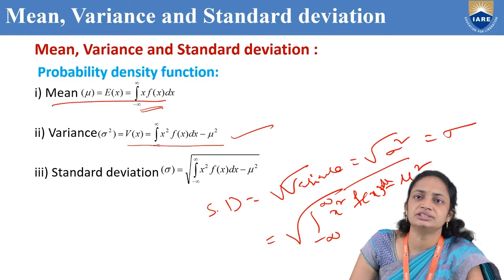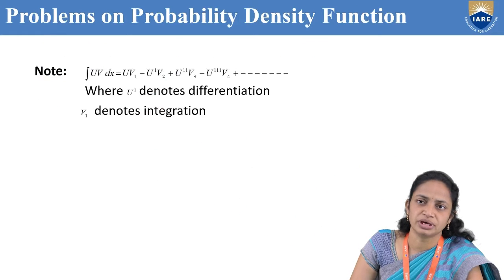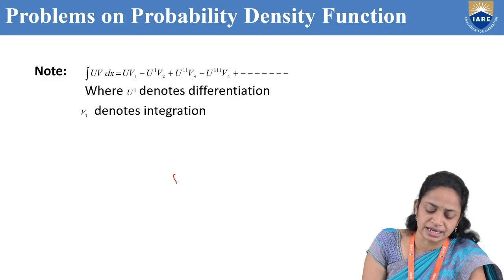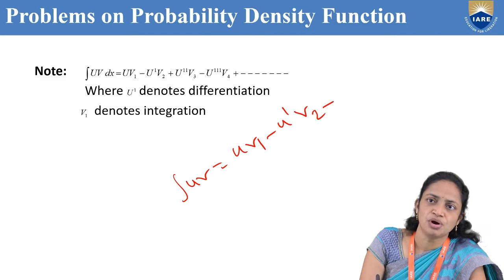By using these three formulas, we have to solve the probability density function problems. First, we will discuss what is integration of uv dx. Integration of uv equals u v1 minus u dash v2 plus u double dash v3 minus u triple dash v4 plus and so on.